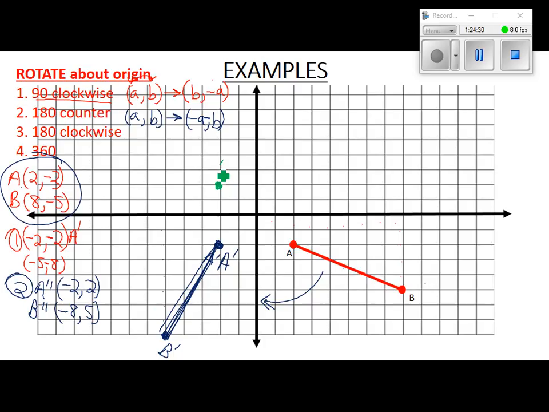So that's A double prime. And then B is -8, +5. So 2, 4, 6, 8, +5. 1, 2, 3, 4, 5. It's going to be right there. That's going to be B double prime. And our segment's going to look something like that.